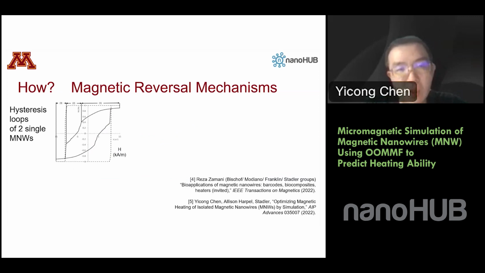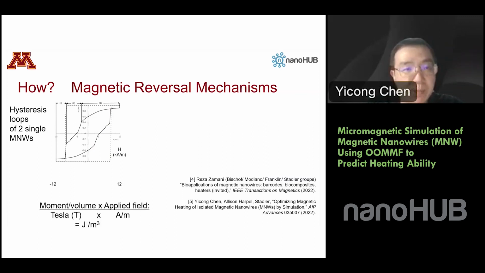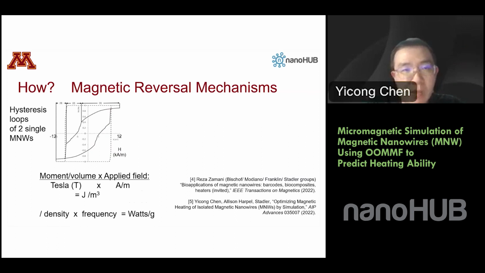In order to obtain the theoretical heating limit of the nanowire, we will use the following theory. You know that there will be a reversal or hysteresis loop for any magnetic particle. We can use the area enclosed by those loops to represent the induction heat loss, which we will use as the heating source for the nanowarming process. The equation here shows a sample calculation of the unit.